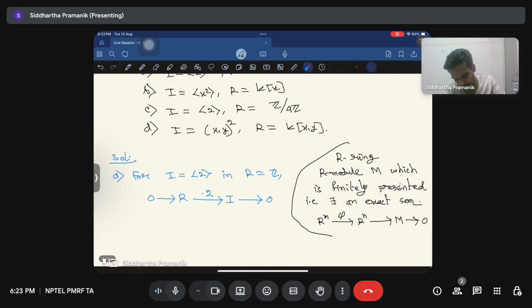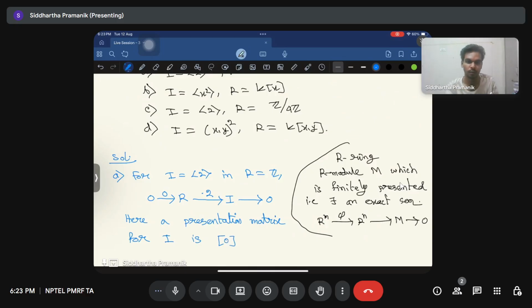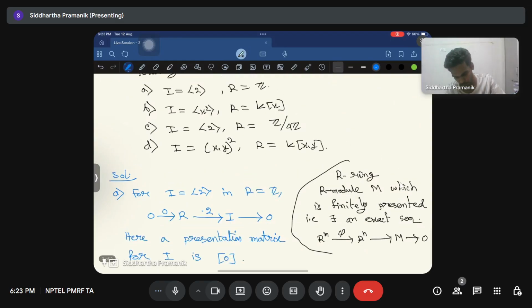So that means I itself is a free module. So here R^m is basically 0, which means this matrix is 0. So a presentation matrix for I is just a 1 by 1 matrix whose entry is 0. So part A is done.